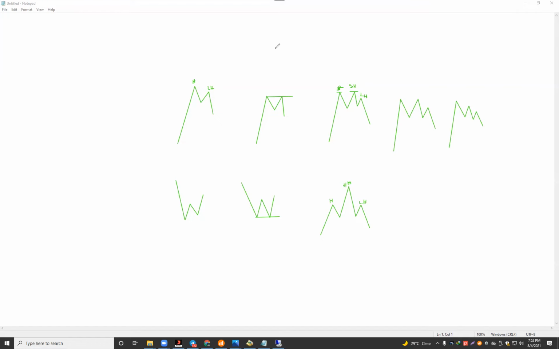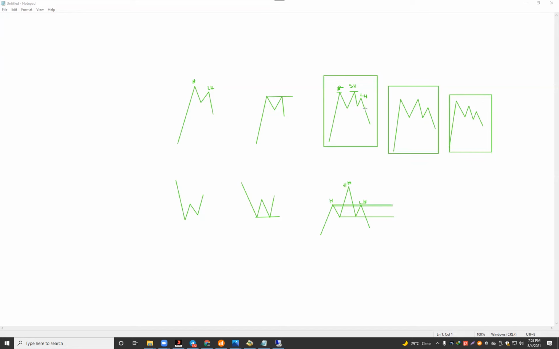You will find a key level. How many key levels? Two. This can be your head and shoulder. But this is what? Triple top. It is a chart pattern, triple top.